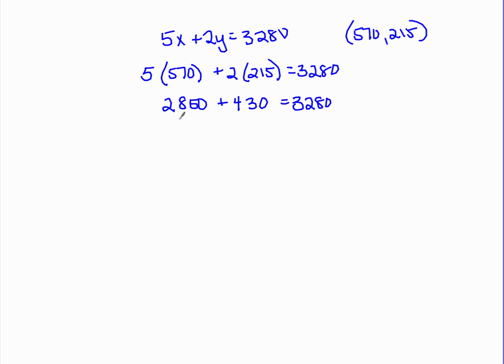If I add 2,850 plus 430, I see that my sum is 3,280, and both sides of my equation are equal, so I know that my solution is correct.